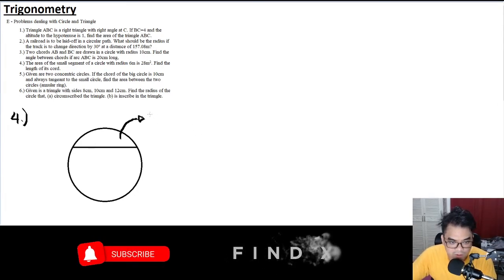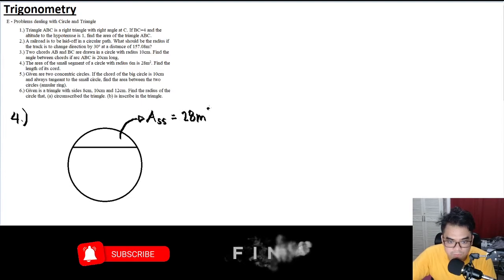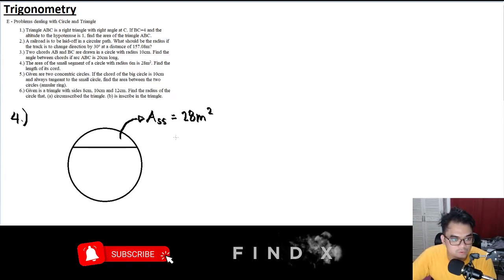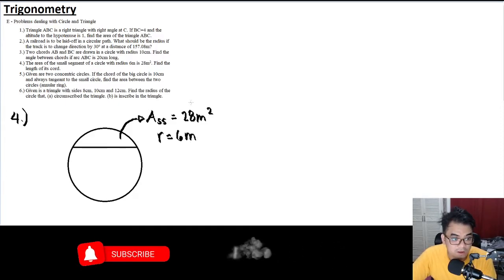Let's say that this is A_ss, the area of a small segment, equal to 28 square meters. And then we also have R, R equal to 6 meters. We are asked to find the length of its chord.